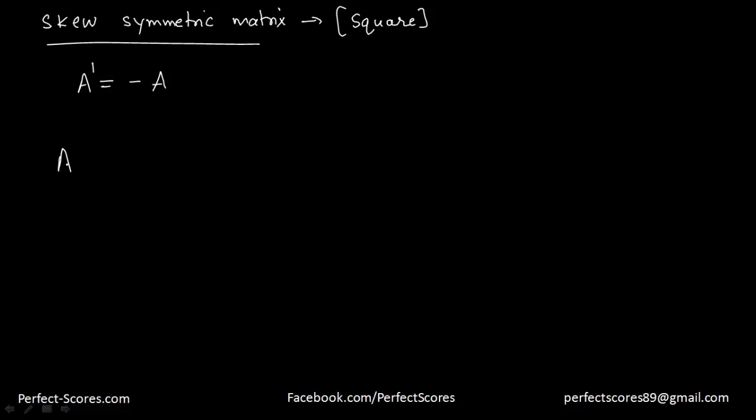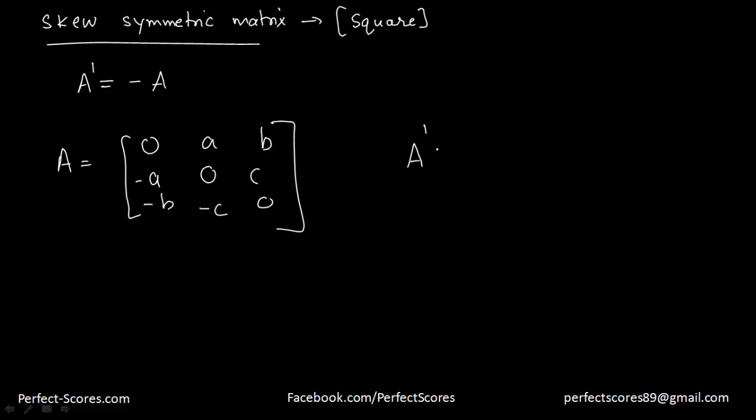Generally a matrix looks like this, and a skew symmetric matrix is going to look like 0, then a number A here, a number B here, then negative A, 0, C, then negative B, negative C, 0. I'll explain why this structure is there.